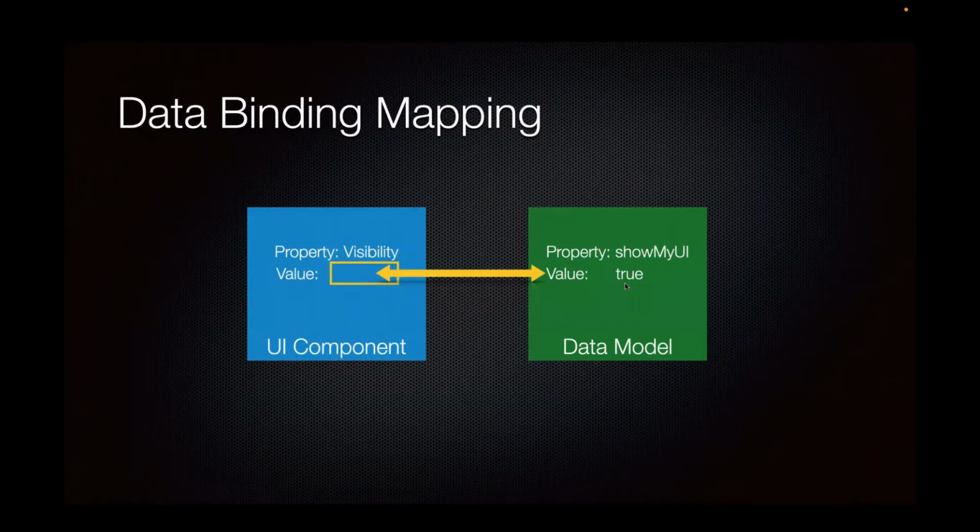So this may sound complex. However, inside of UI Builder, it actually becomes fairly straightforward. Let me jump into UI Builder and I will demonstrate this specific example in action.